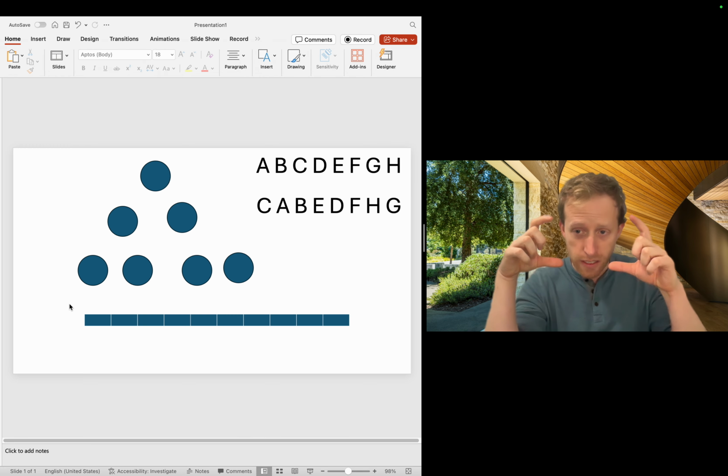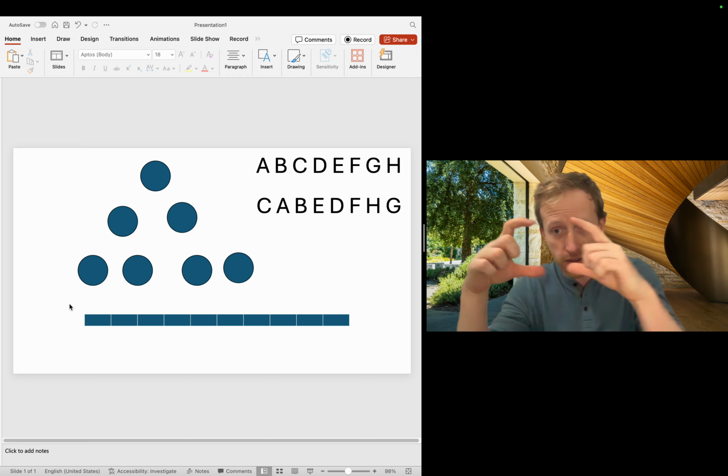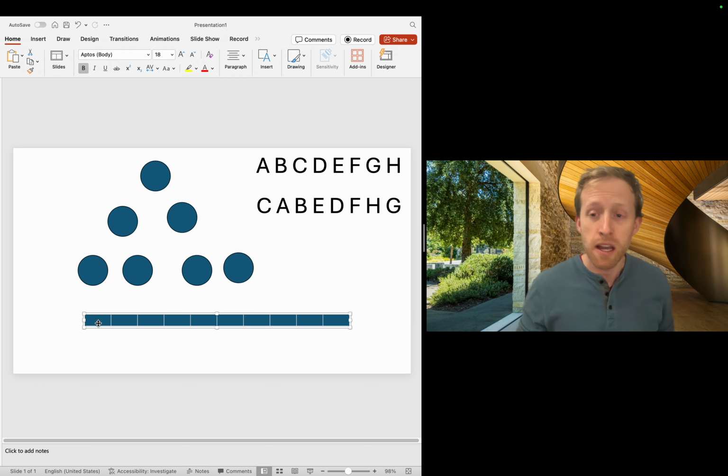Spaces in memory are literally little tiny cells of memory, and we just say reserve this contiguous space in memory. Now we can put an array there. For example, C is stored as the first element, A is the second element, B is the third, E, D, F, H, G, and so on and so forth.